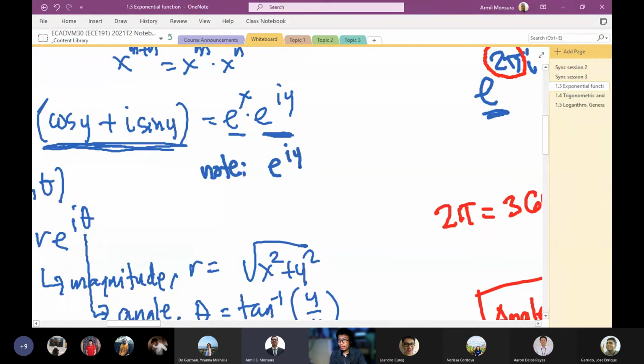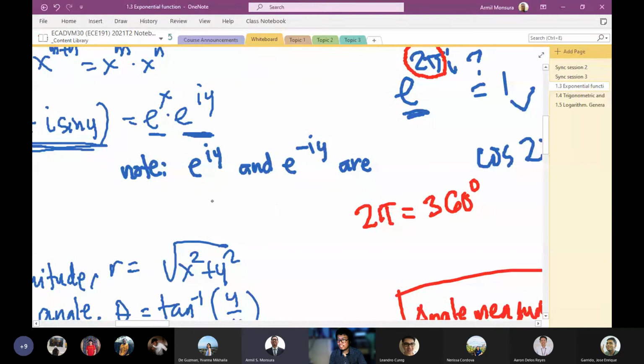E raised to iy and e raised to negative iy are conjugates. So, is that clear? Magka-conjugate yung dalawang yan.